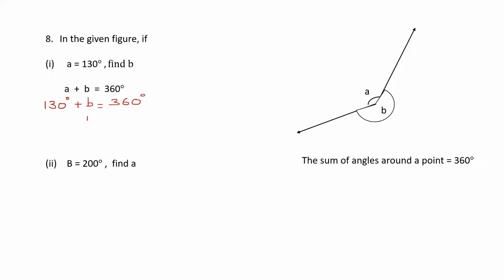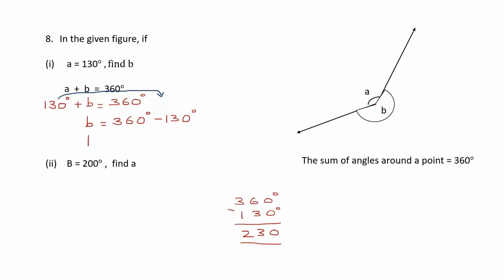Now I'm going to find B. To find B, what do I do? I move 130 to the other side. Now it is plus 130, I will make it minus 130. So let's subtract from both sides. 360 degrees minus 130 degrees. 3 minus 1 is 2.